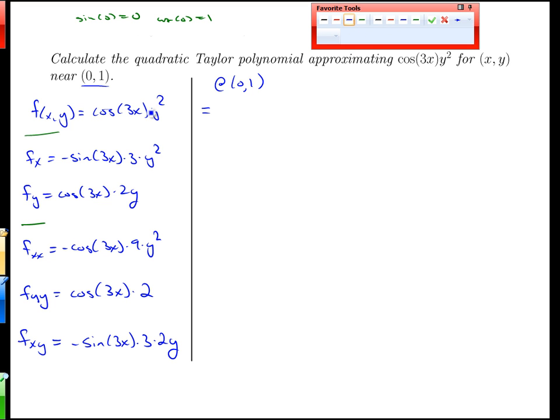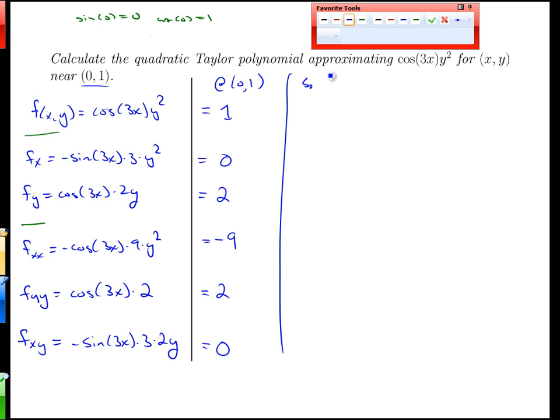So cos of 0 is 1 times 1 squared, that's 1. Sine of 0, 0. Everything else doesn't matter. Cos of 0 is 1 times 2, that's 2. Cos of 0 times 9 times 1 and negative, we get negative 9. Cos of 0 is 1 times 2 is 2. Sine of 0 is 0 times whatever, doesn't matter.